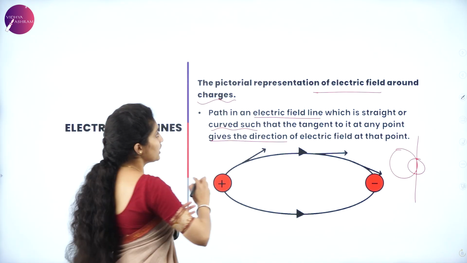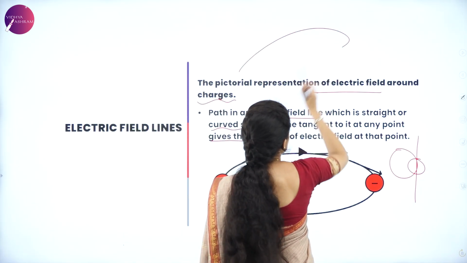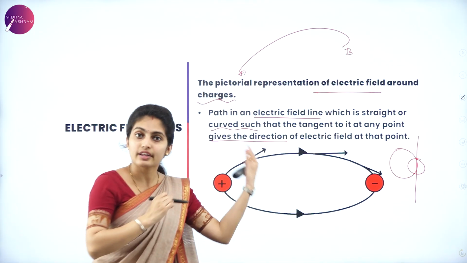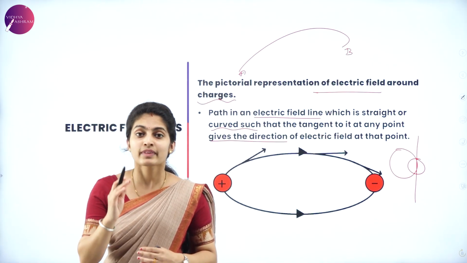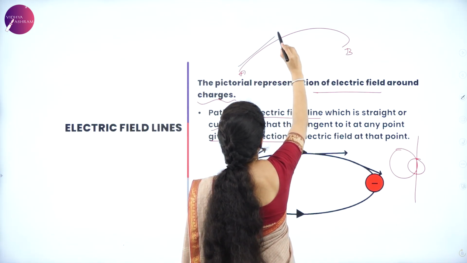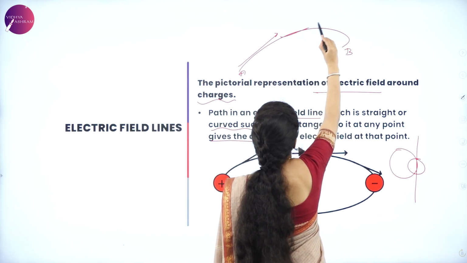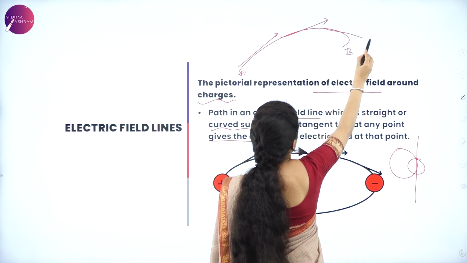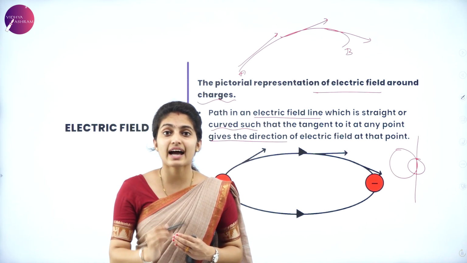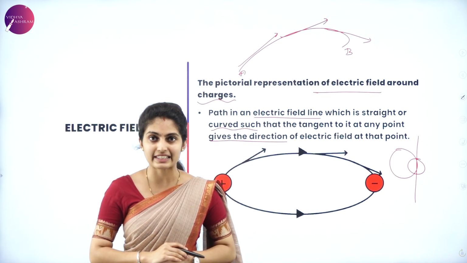Suppose your curved line is in this manner, and if this is represented as A and the other end of the curve is represented as B, and if you draw tangents to this curve, this is one tangent, this is another tangent, and this is another tangent. So these arrow marks give you the direction of the flow of the electric field.